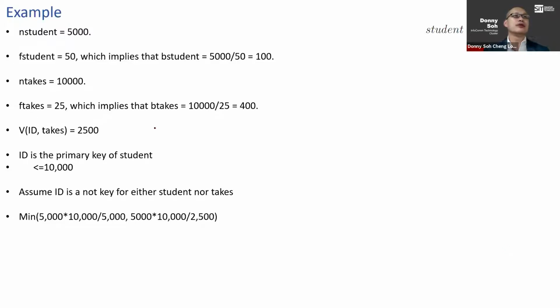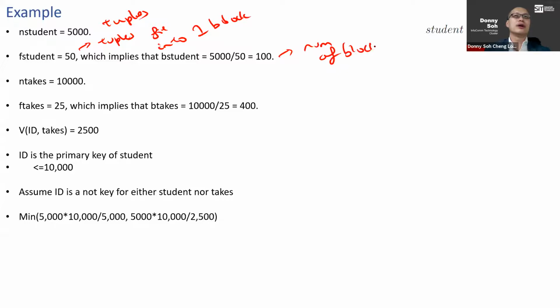This is the number of tuples, and this is the number of tuples that can fit into one block, and so this is the number of blocks. So I have 5,000 records. One block can fit 50 records. So the number of blocks equals 100.